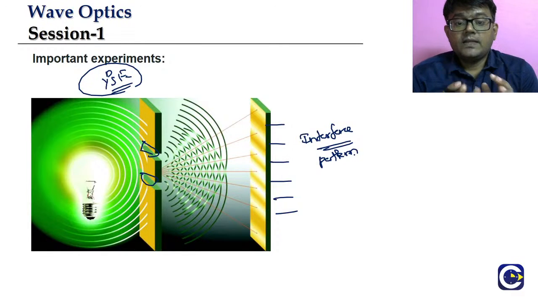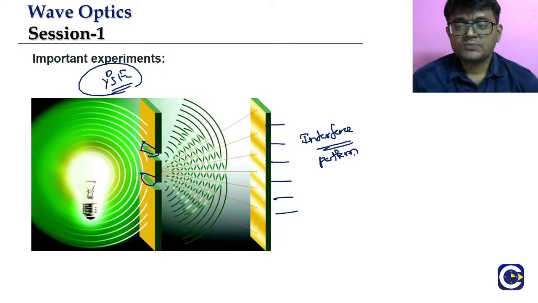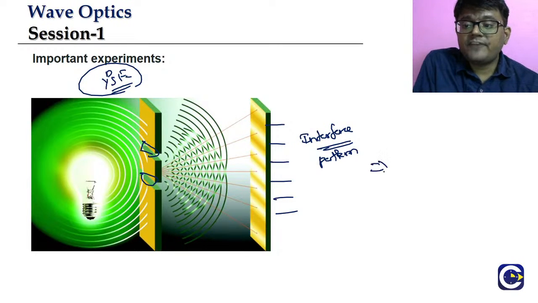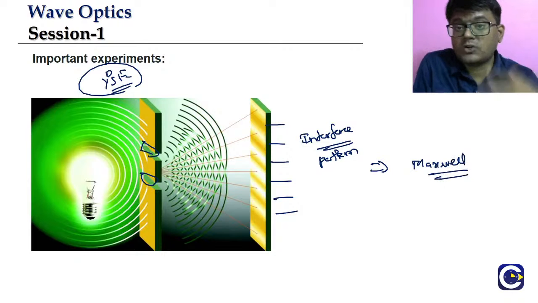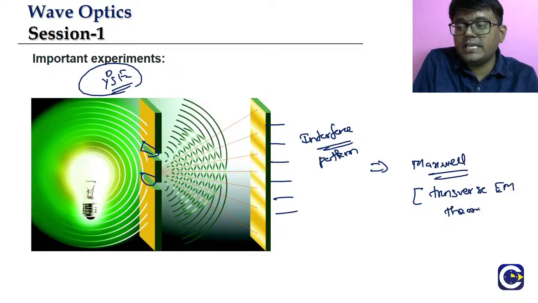But the initial theory proposed by Huygens had some drawbacks. So later, the wave theory of light was further modified by Maxwell. We talked about Maxwell in the electromagnetic wave chapter. He came up with the idea of the transverse electromagnetic wave theory.